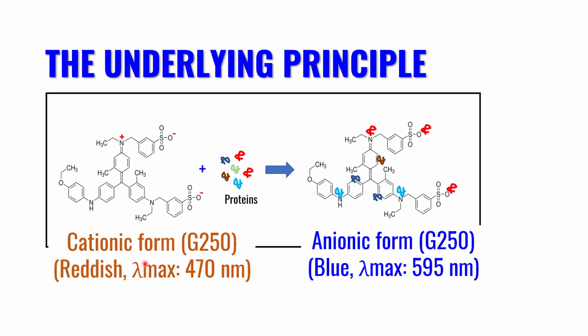So the cationic form is reddish, and it absorbs maximally at 470 nanometer. The anionic form is the bound form, it is blue in color and it absorbs maximally at 595 nanometer.